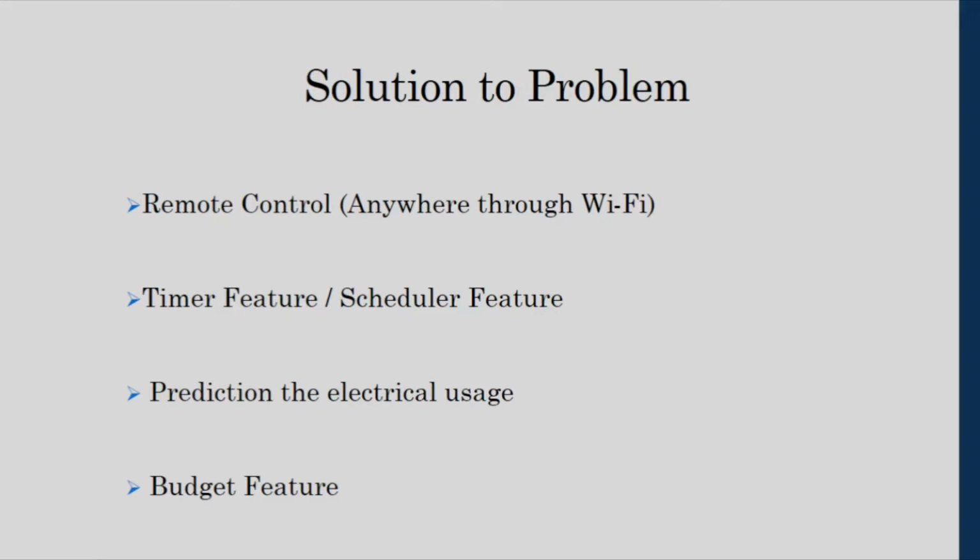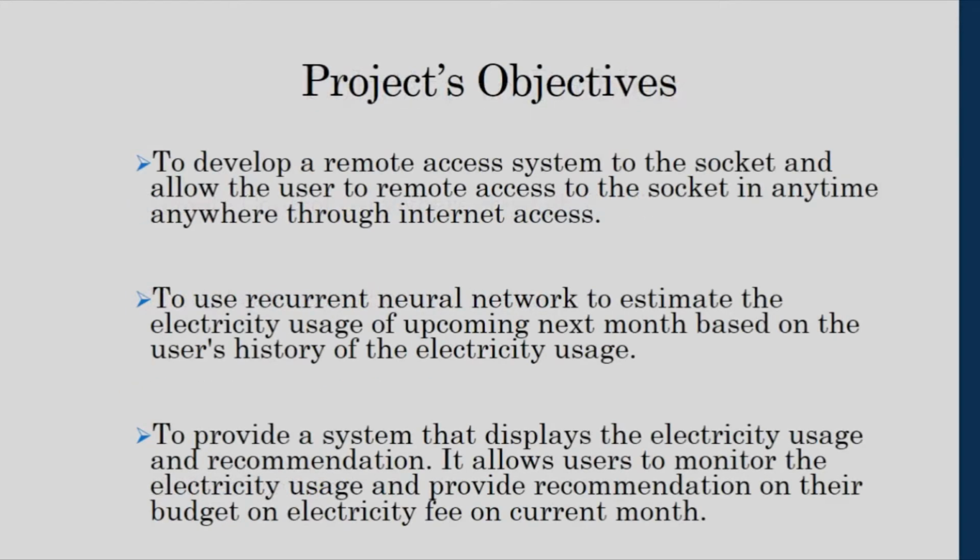Okay, my objective for this project is to develop a remote access system for the socket that allows the user to access the socket at any time, anywhere through internet access. Second is to use a recurrent neural network to estimate the electricity usage of the upcoming month based on the user's history of electricity usage.